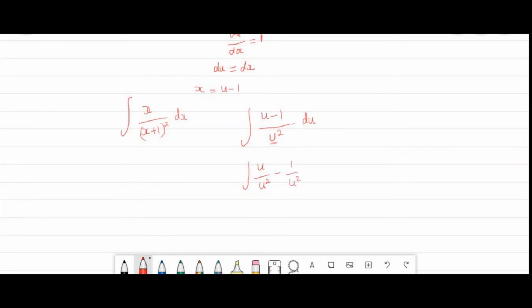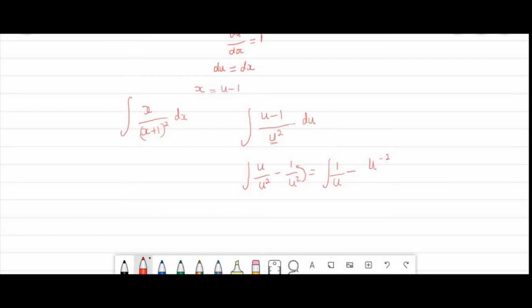So therefore, this will be equal to an integral of 1 over u minus 1 over u squared, or I can write this as u to the power negative 2. Why? I took this and I brought it here. So therefore, I'll have 1 over u minus u to the power negative 2.